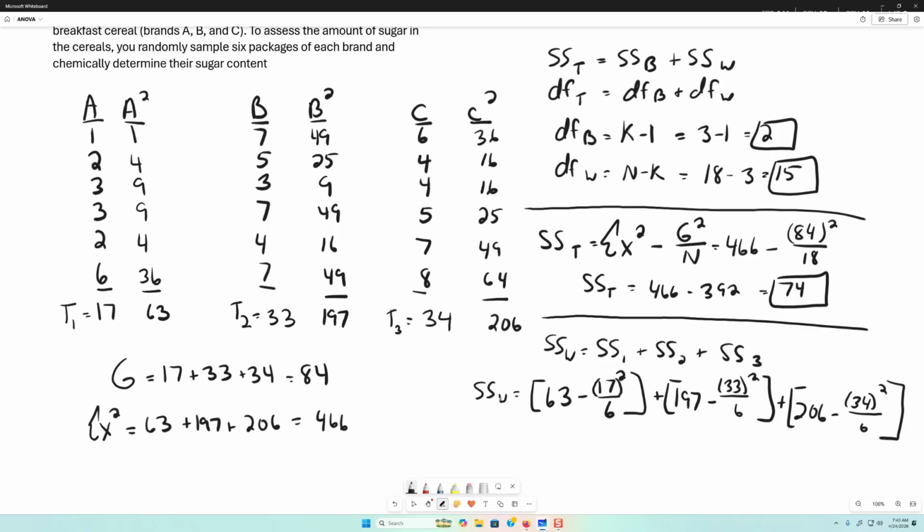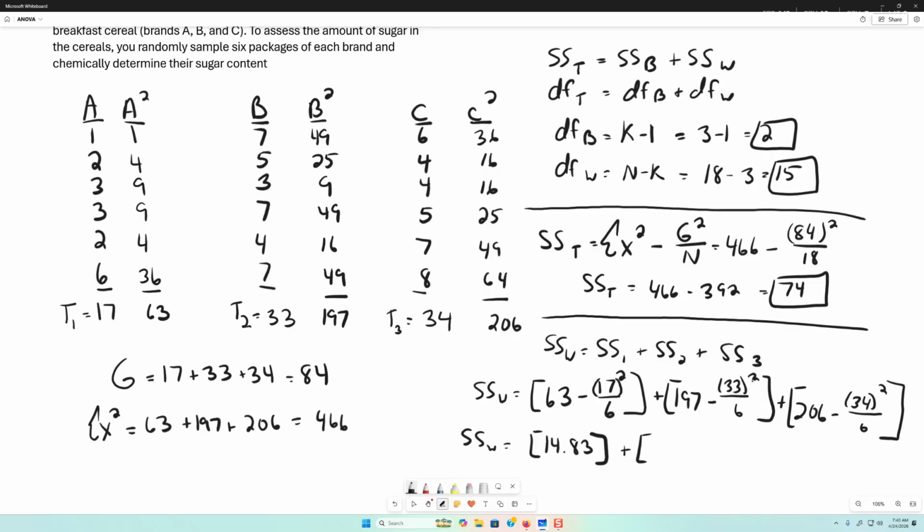So it looks like a lot of work, but it's really not, because it's 3 things we've done before. We've done variance before. So we're just going to break down each part. So let's do the first part here. 63 minus 17 squared over 6. When I simplify that, I get 14.83. And then we do the next one, 197 minus 33 squared over 6. This is where your squared function on your calculator is going to make your life easier.